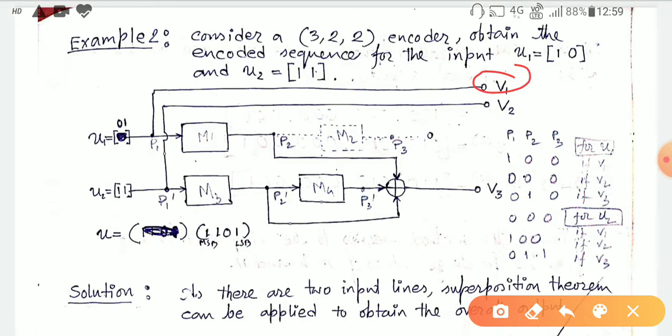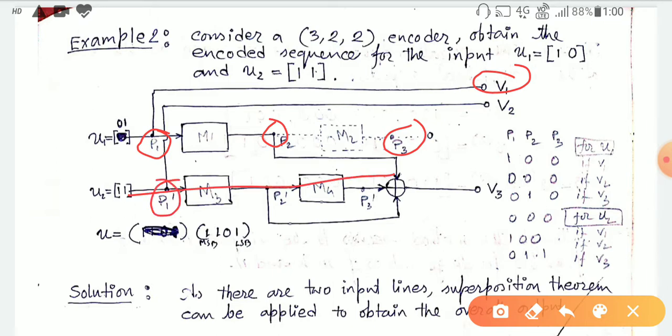If you consider P1, P2, P3 as the state positions, look, P1 is the instantaneous value, P2 is the previous value of M1, and if we consider another memory unit M2, its previous output will be P3. In the same way for this line, P1 dash is the instantaneous value for U2, P2 dash is the previous value of memory unit M3, and P3 dash is the previous value of memory unit M4.